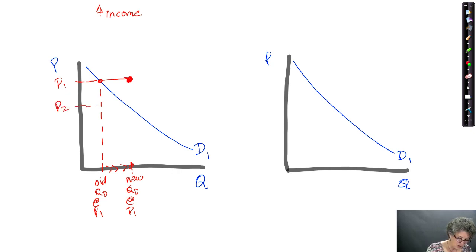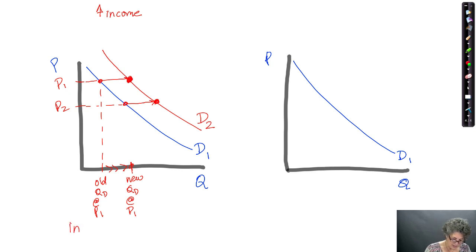So at a price of P2, the old quantity demanded, we read off the original demand curve. As a result of the increase in income, there'd now be a new higher quantity demanded at that price P2, and so on and so forth, which gives us a second demand curve D2.